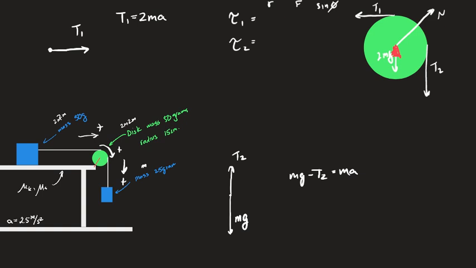I think our torque arm length is R for the radius. That's capital R here, if nothing else to differentiate it from the generic r. The size of the force is T1, and it's on a pulley, so sine of 90 degrees.